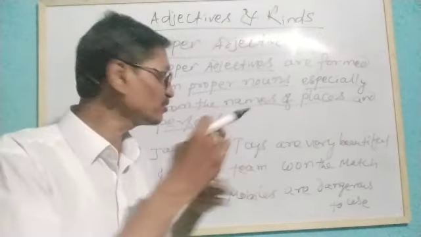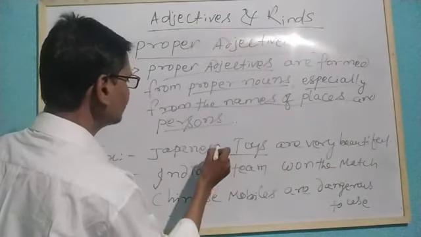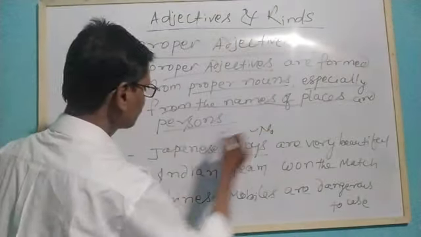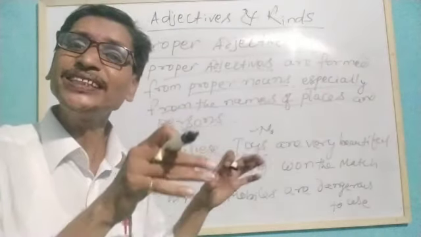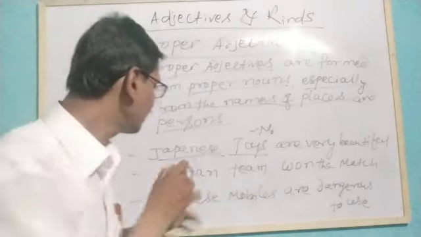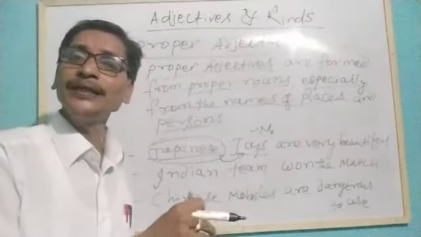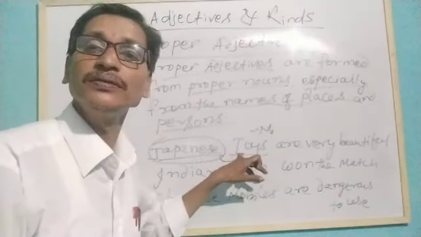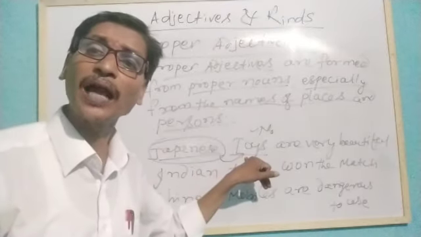How they are used, you see from these examples here. Japanese toys. You see, toys is a noun, and Japanese is derived from a proper noun. Japanese toys means a particular type of toys from Japan. Here the proper noun is functioning as an adjective of another noun.